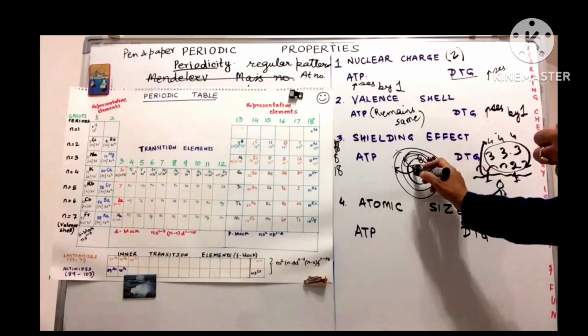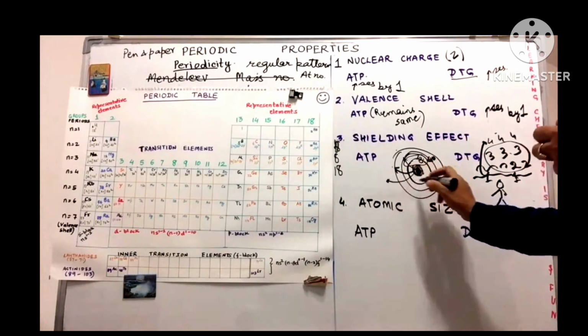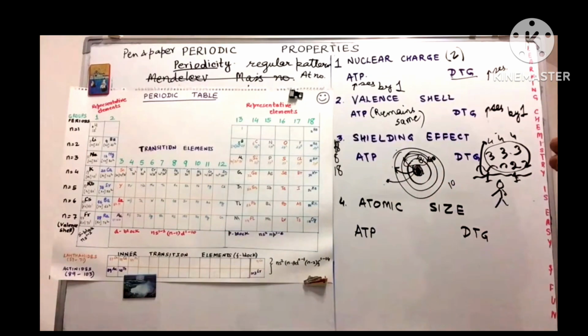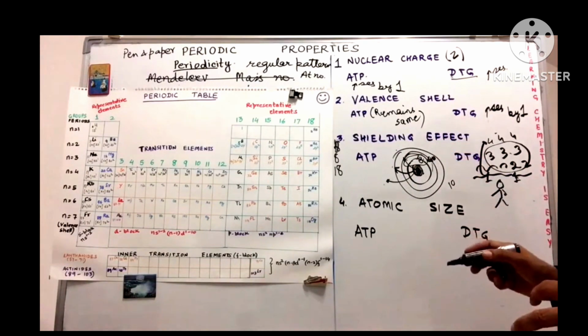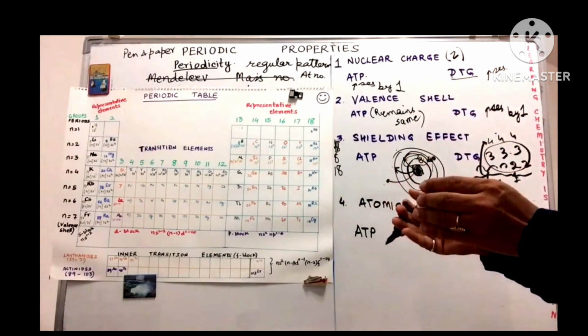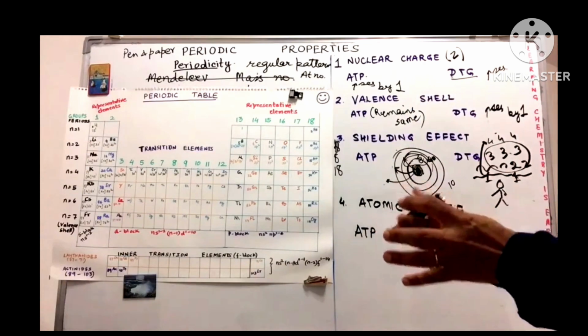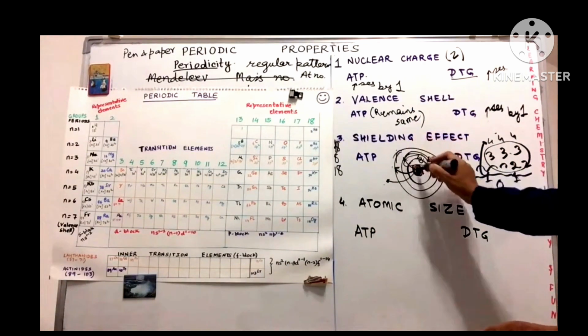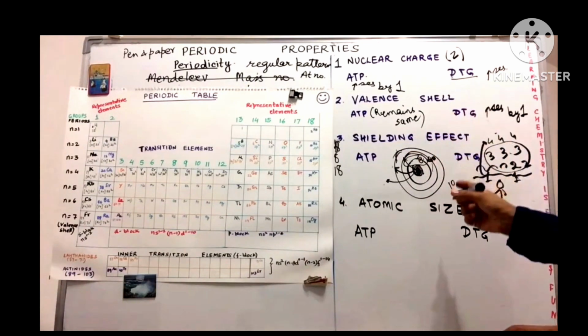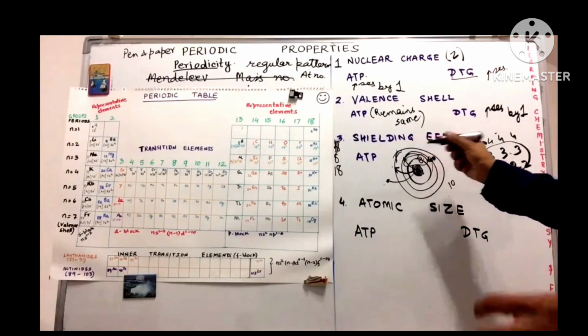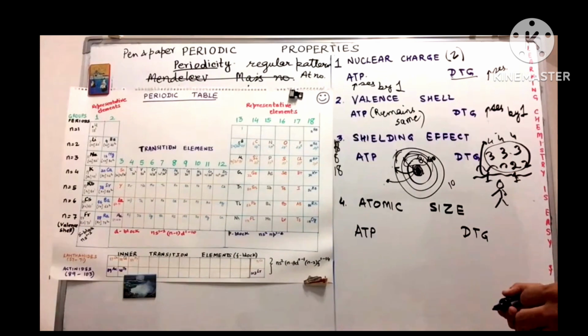So with every step, that force of attraction actually decreases. This is what we call the shielding effect. The inner electrons shield the protons from spreading their attraction or pulling the electrons of the outermost shell towards themselves.